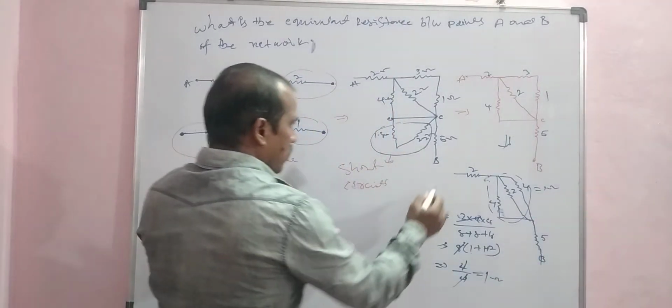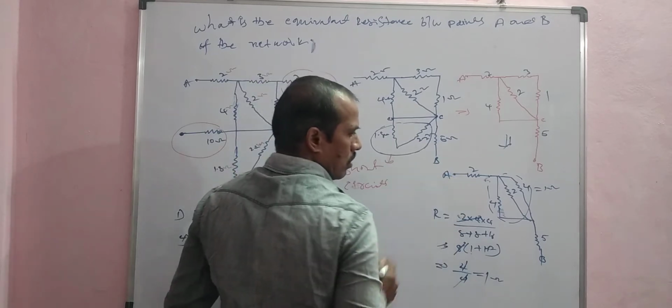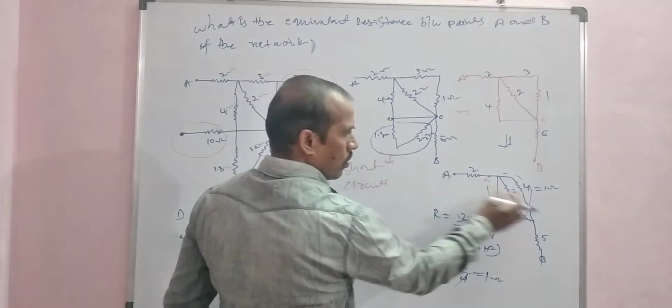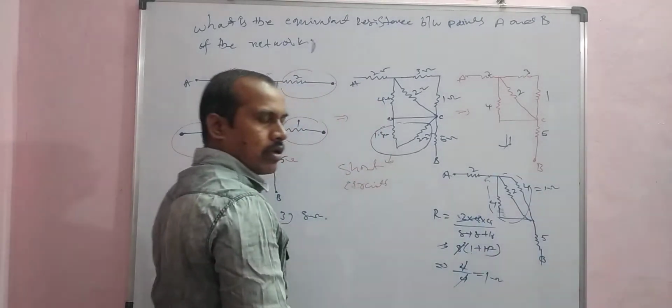So the final circuit, from terminal A: 2 ohm, 1 ohm and 5 ohm, these are in series combination.